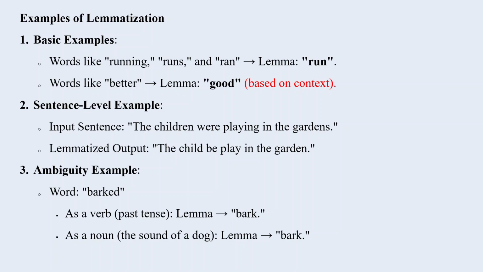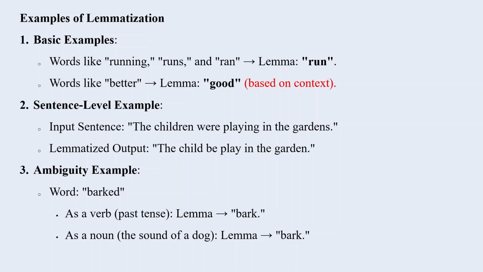And after that, ambiguity. There is one thing where, if you understand the meaning, only then can we know whether the word should be considered as a noun or a verb. For example, barked is a verb, past tense, but the root word, the lemma, is bark.